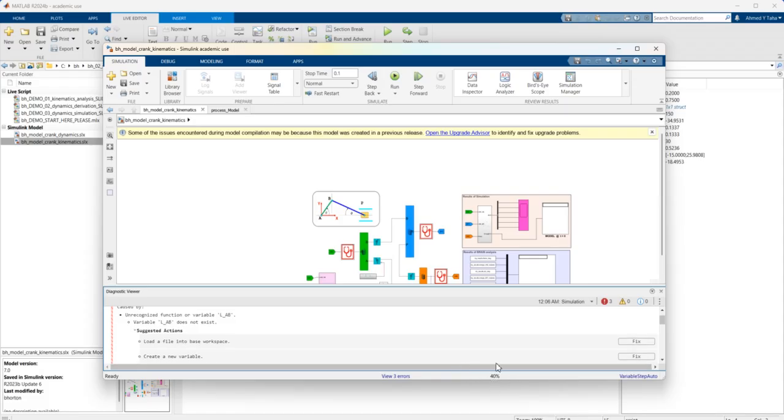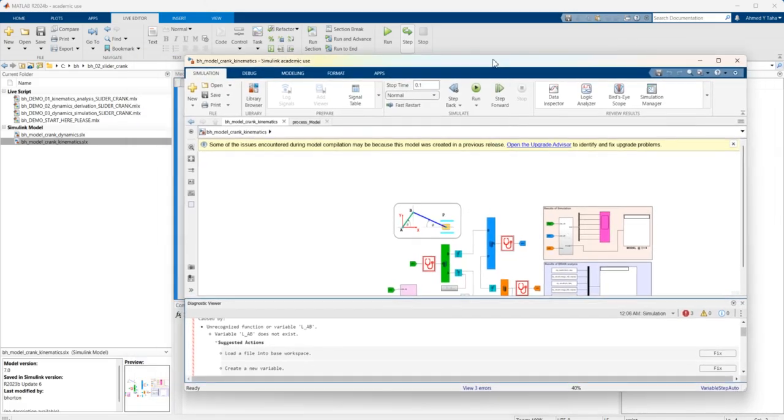Which percent left? I'll try to shut down this Simulink, and this is MATLAB anyway.